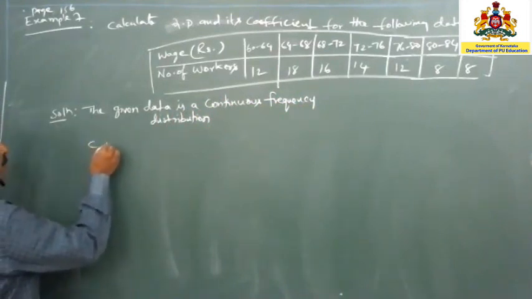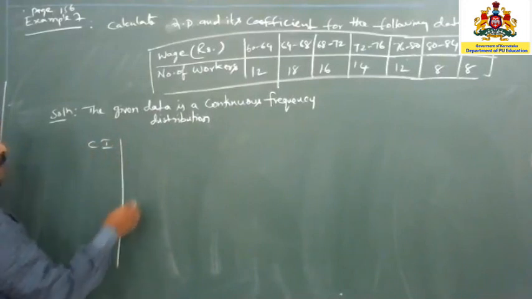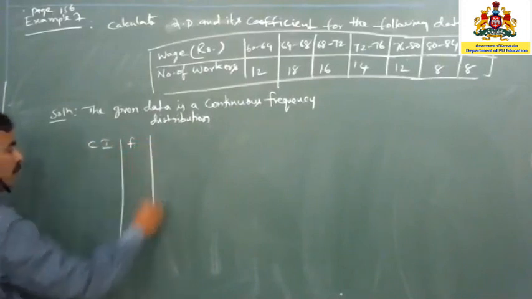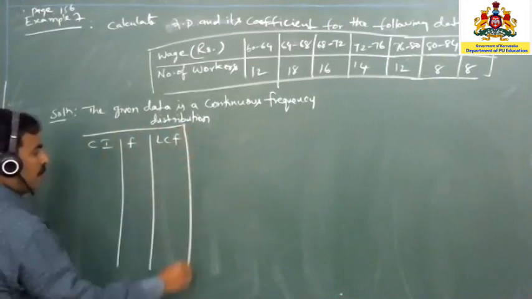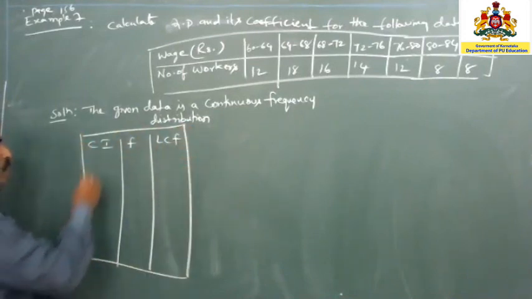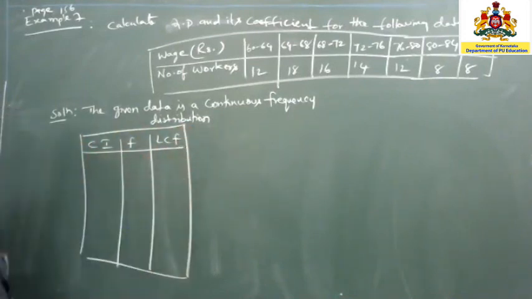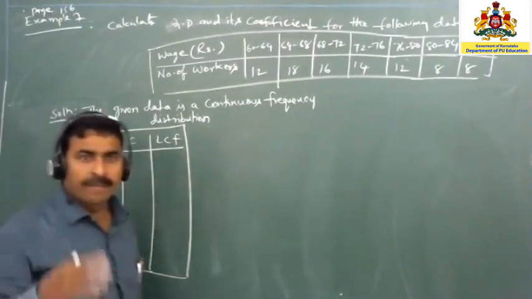Therefore, first column class intervals, then frequency, then LCF, less than cumulative frequency. Class intervals should be in the exclusive form. If inclusive class intervals are given, they should be converted into exclusive. Then you should continue the calculations.